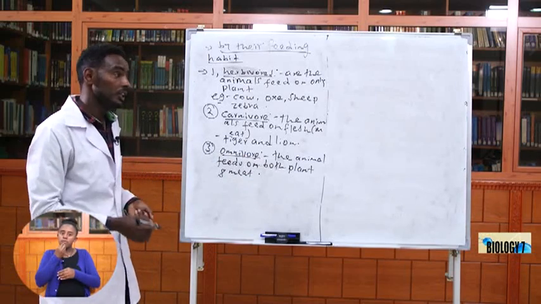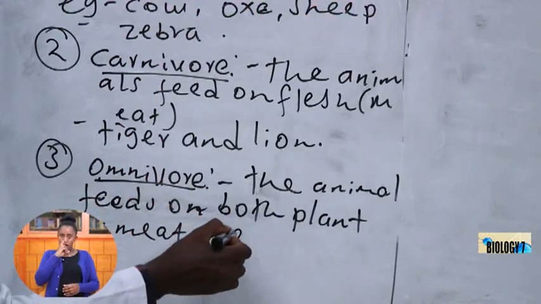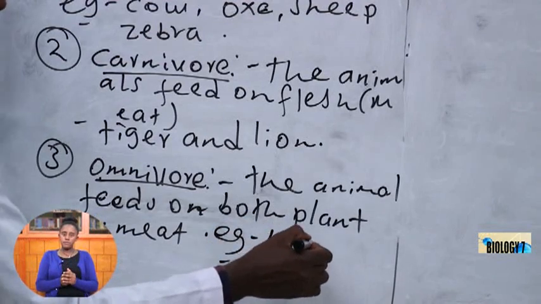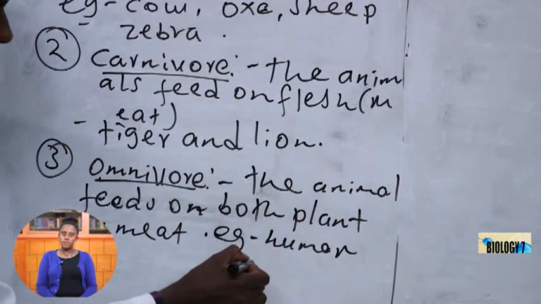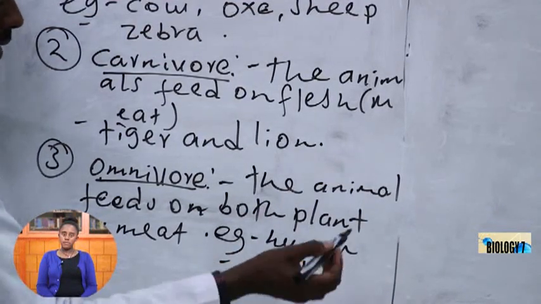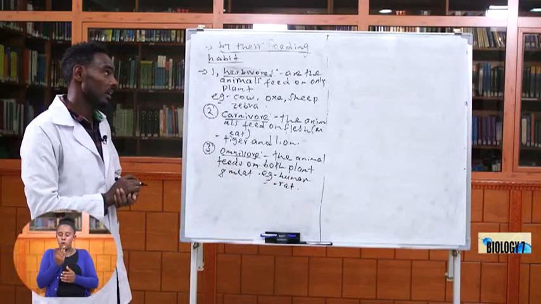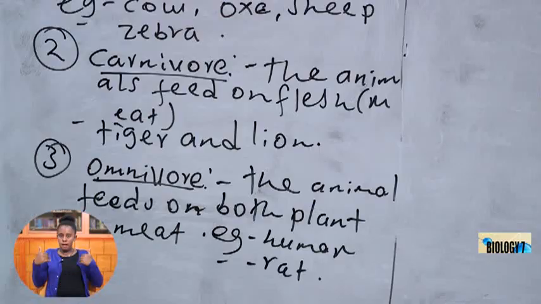For example, human and rat. They feed on both plants and animals.